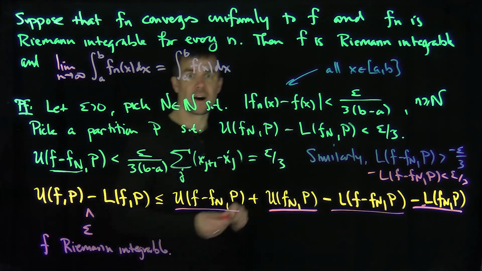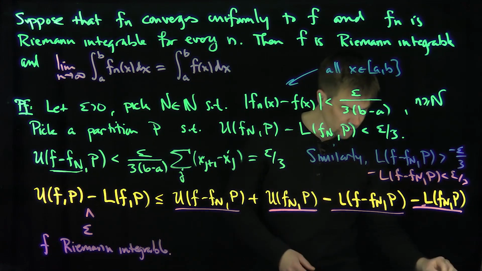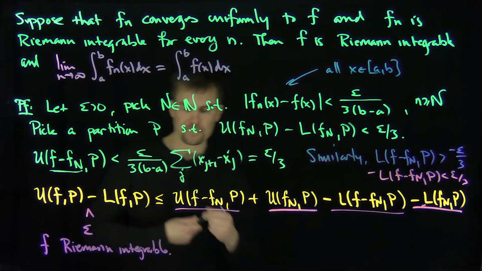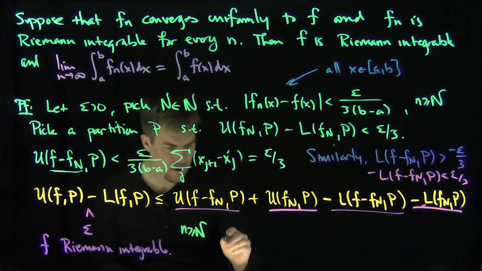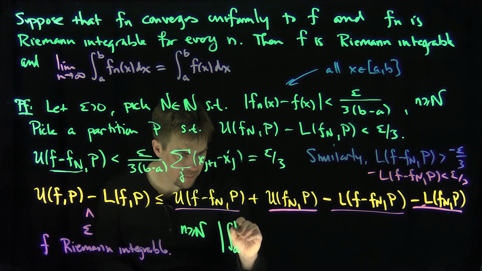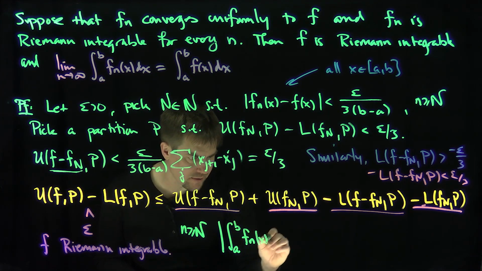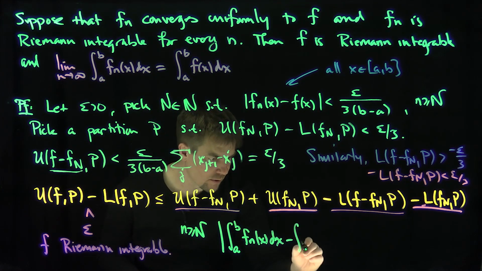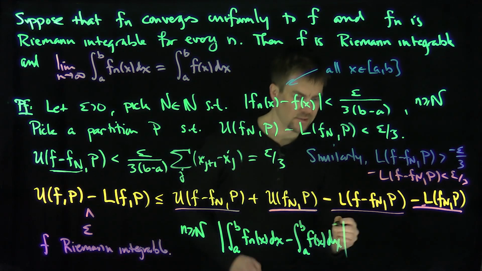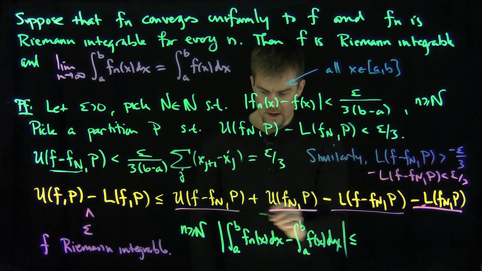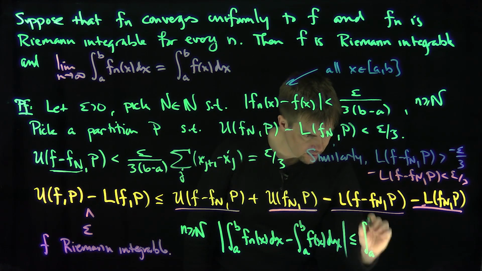Great. All right, now how about this limit result? The rest is relatively straightforward. If n is bigger than or equal to capital N, then the absolute value of the integral from a to b of Fn of x dx minus the integral from a to b of f of x dx is less than or equal to the integral from a to b of |Fn(x) - f(x)| dx, by the triangle inequality.